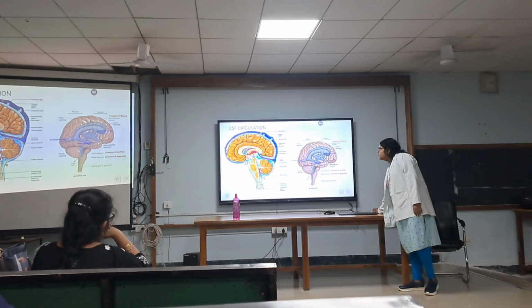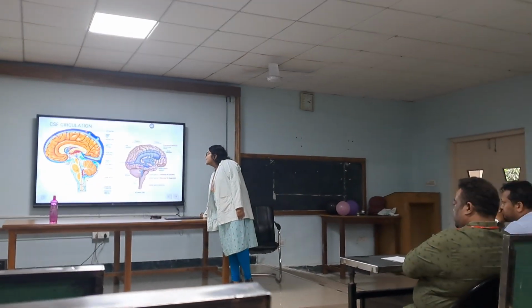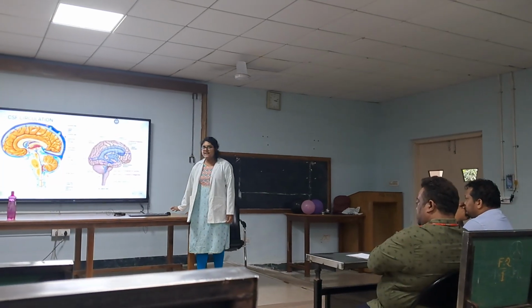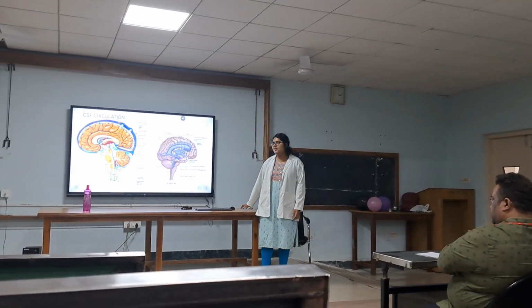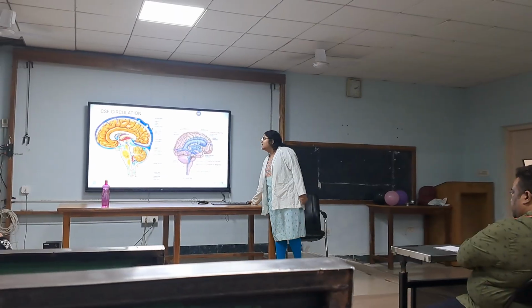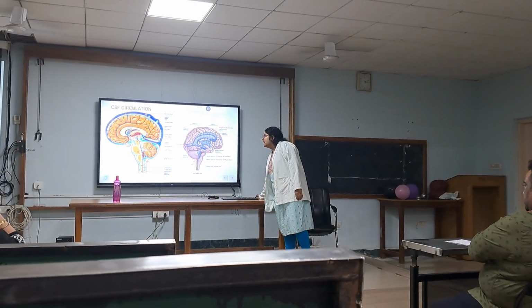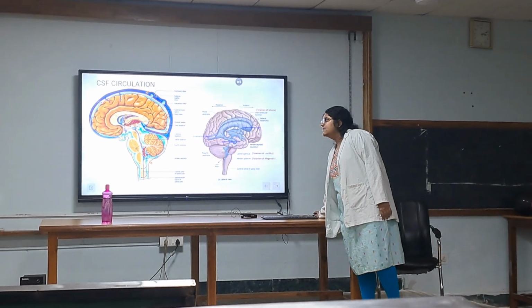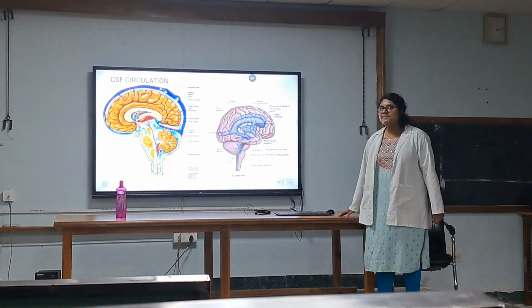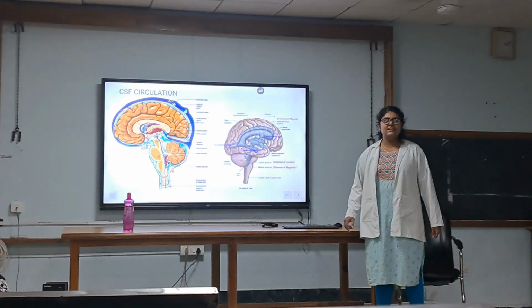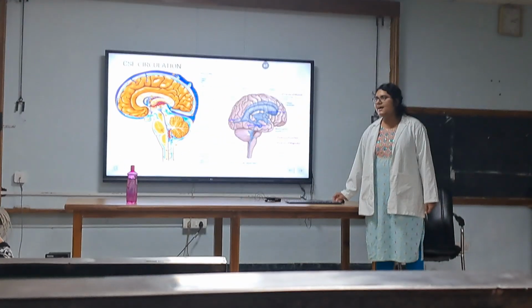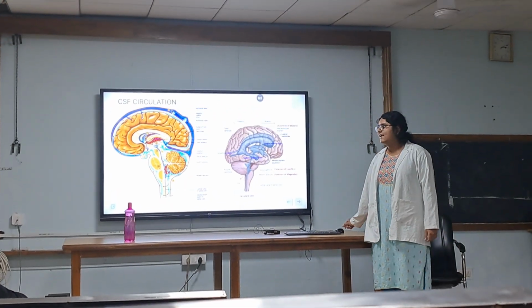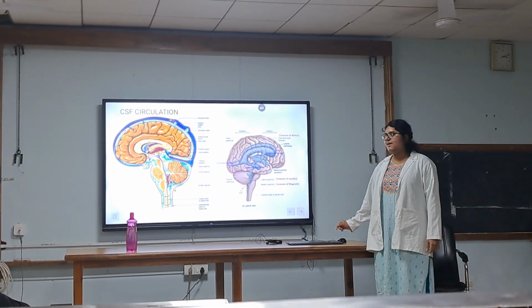After moving through the subarachnoid space, it enters the arachnoid villi. These arachnoid villi are minute finger-like projections that project into the superior sagittal sinuses. Now the normal intraventricular pressure is 180 mm water and the normal pressure within the superior sagittal sinus is 90 mm water.